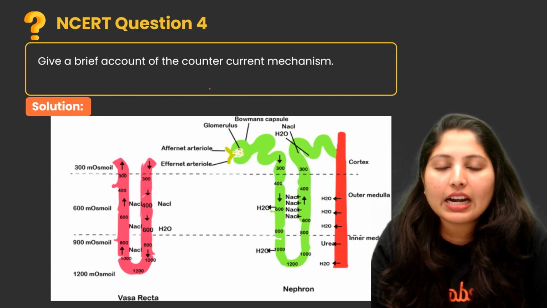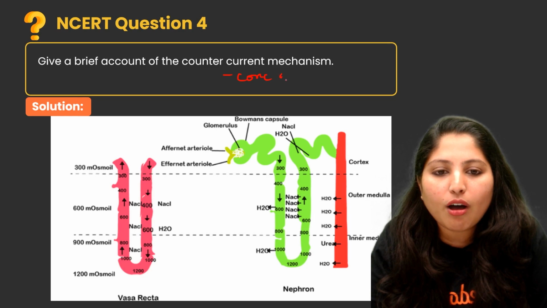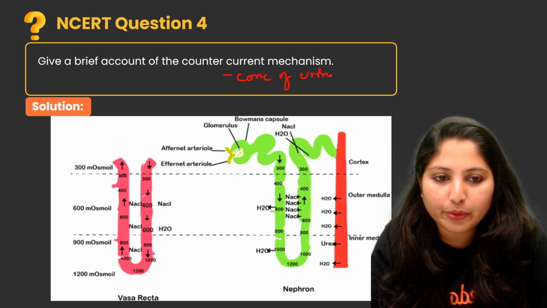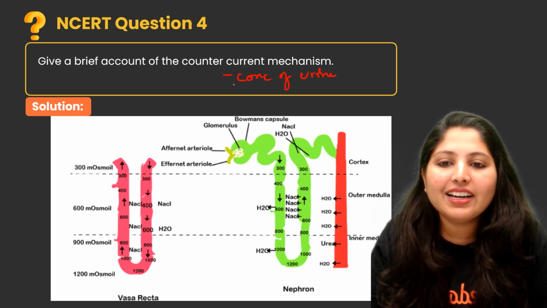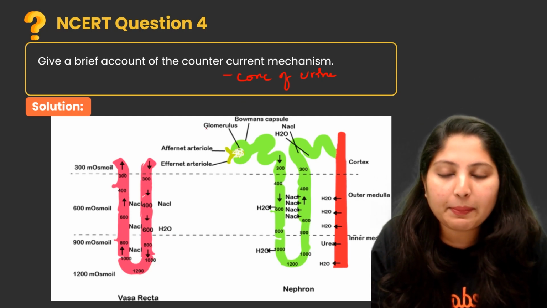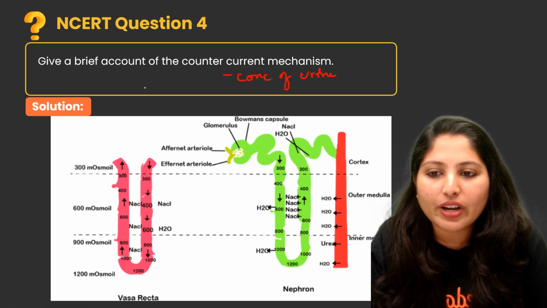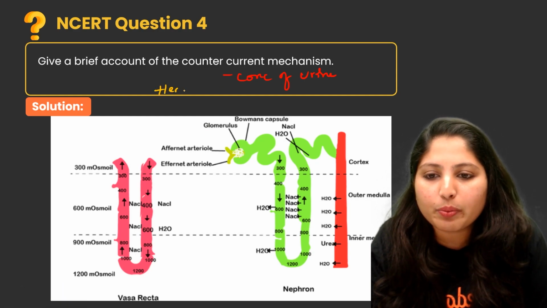Give a brief account of counter current mechanism. The counter current mechanism is helpful for concentration of urine. Here two structures help in the counter current mechanism. The first one is known as Henle's loop.